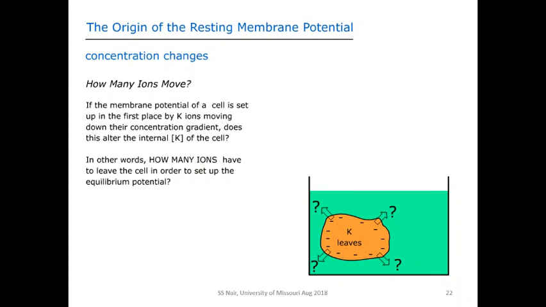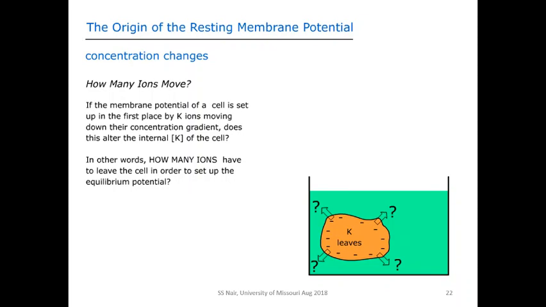The question we have is, if a cell rests, there are some potassium ions that have gone out to have this concentration gradient, right? If those ions leave from inside to outside, does it change the internal concentration? That's the question we have.